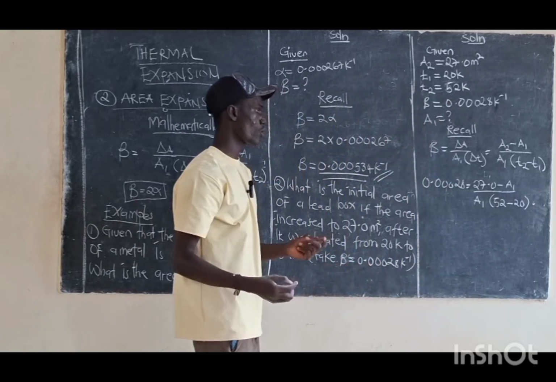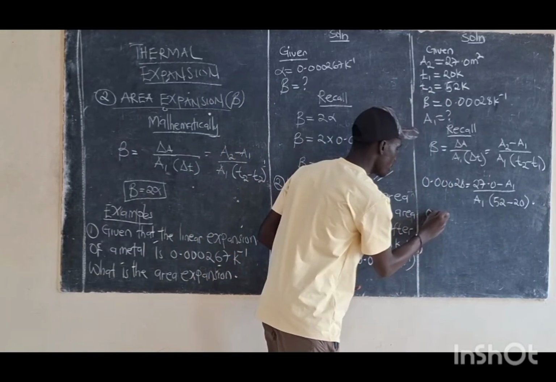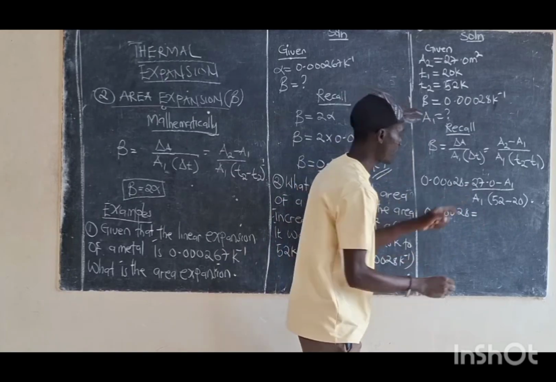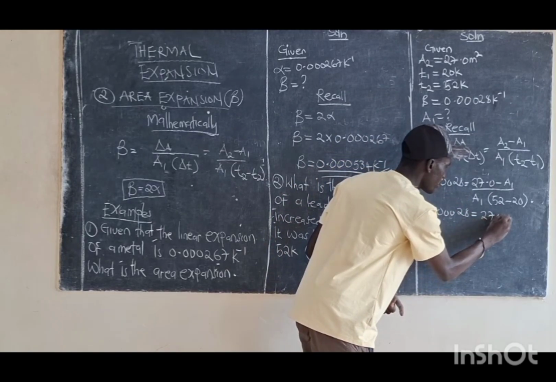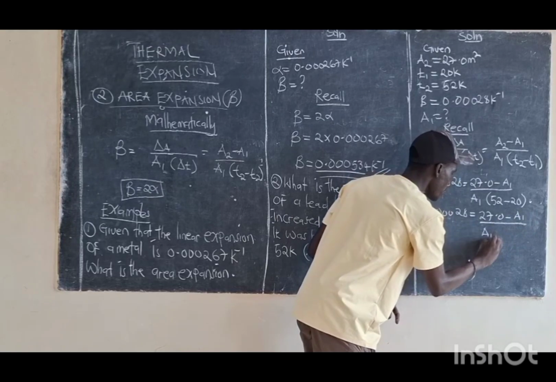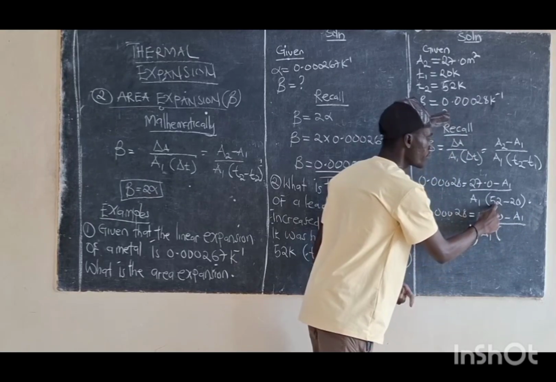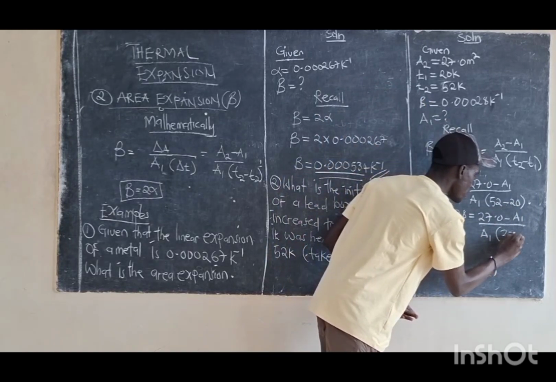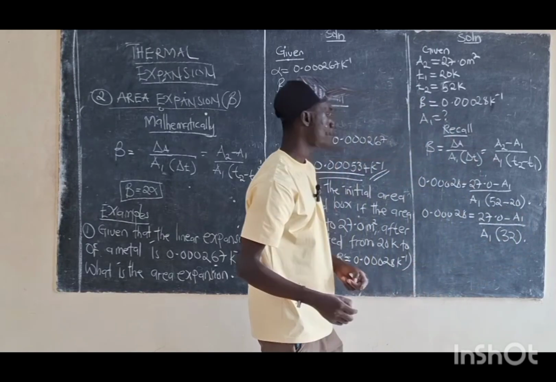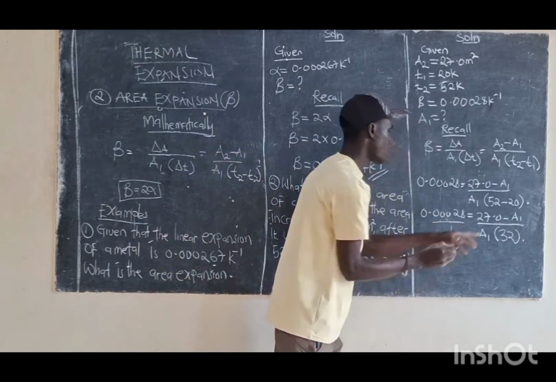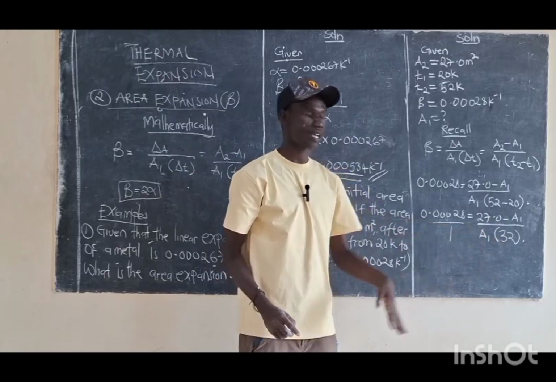Here we go. So we say 0.00028 is equal to 27.0 minus A1, the whole of it, all over A1 times 52 minus 20, which is 32. Here we cross multiply. We multiply this and this, and the other one times the other one.